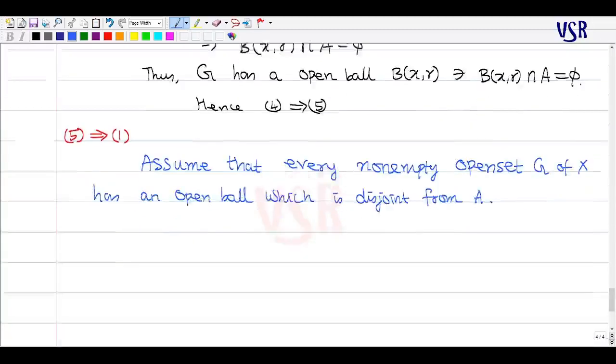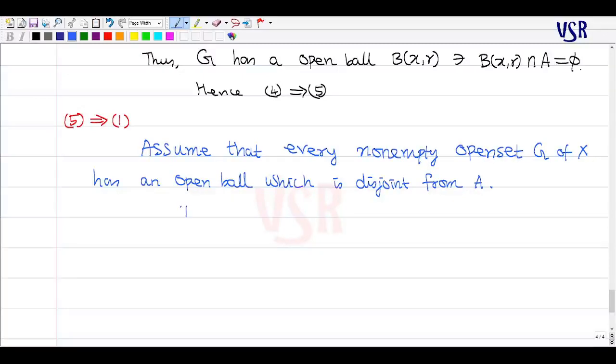Okay, இப்போ என்ன proof பண்ணனும், to prove A is nowhere dense.